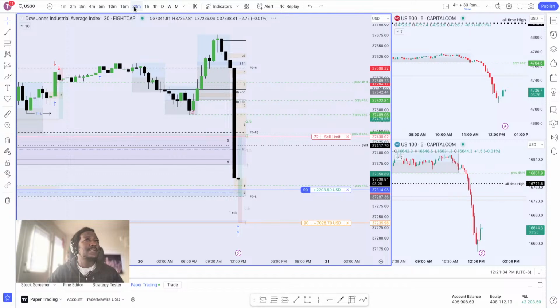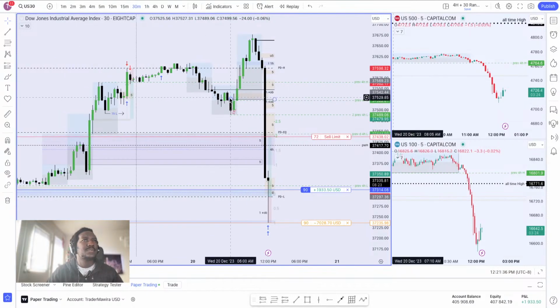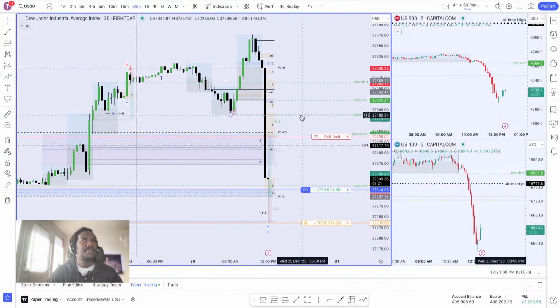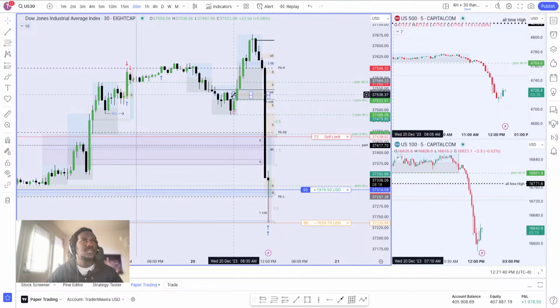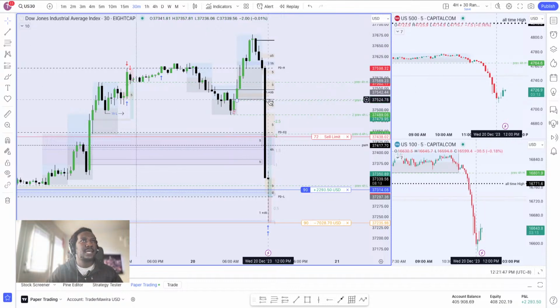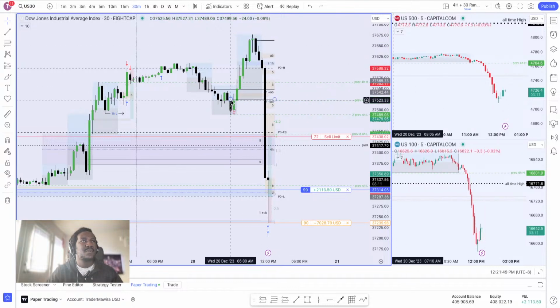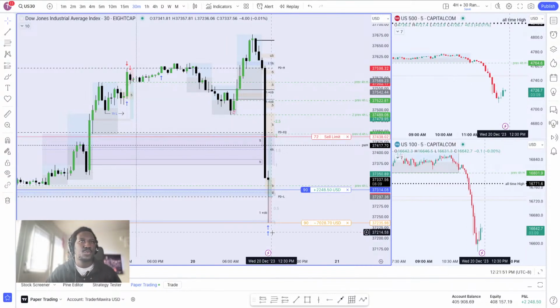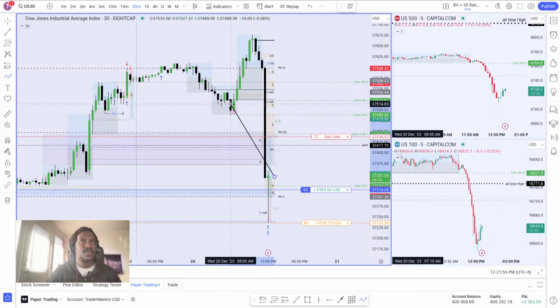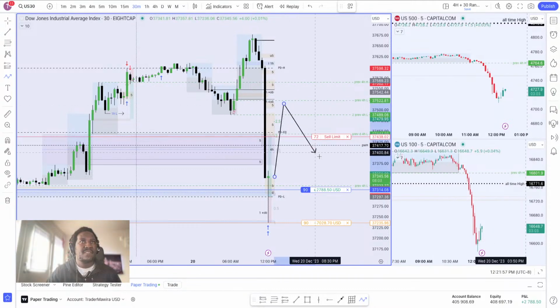In the meantime, I think we can use this range here to take another partial, because this is what I would call a breaker. The last down candle before it went up, when price came, we should have found some support, but we just broke through it. So it's logical to see price come up to this zone over here, then get some resistance.